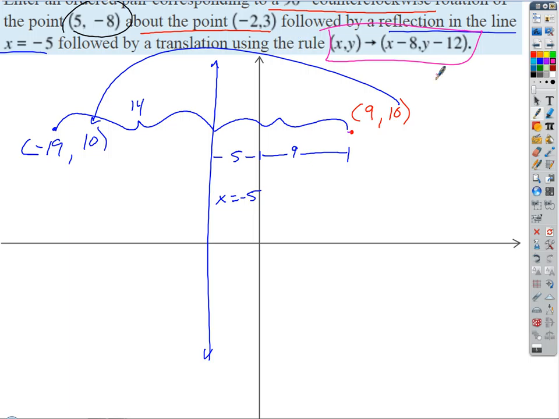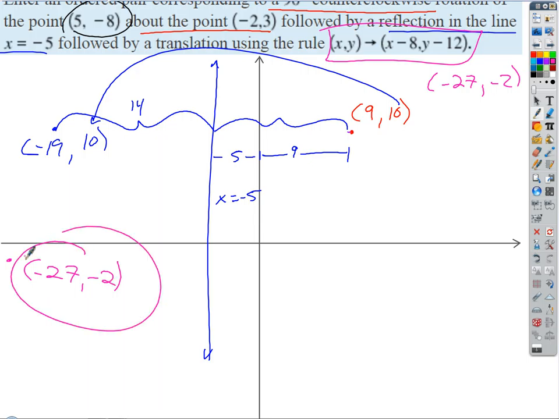Yeah, so we're going to get negative 27. What about my y value? I'm starting at 10 and I'm going to subtract 12. Negative 2. So if we put it on the graph, it's just going to be back here somewhere, I guess, like right there. But the important thing is just the coordinates. It's negative 27, negative 2, and that's my answer, right?